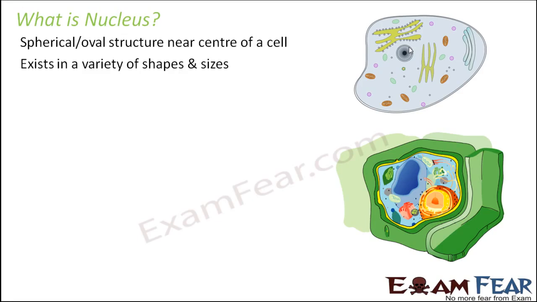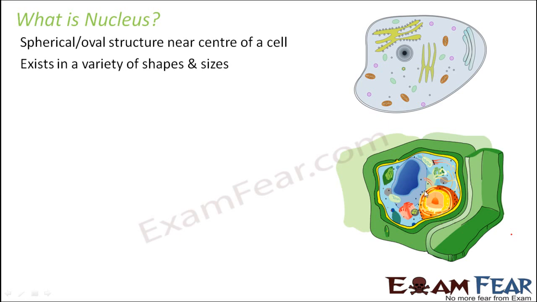As far as the location is concerned, in some plant cells, due to the presence of a large vacuole, as you can see here, so this is a plant cell, the green one, and here you can see this big blue colored structure that is nothing but a vacuole. Inside the cell, the vacuole is occupying almost more than 50% of the space.